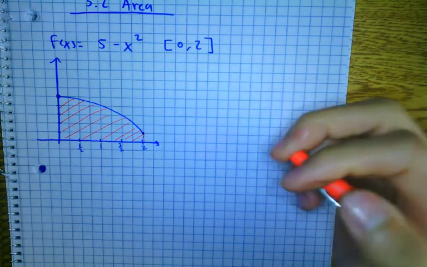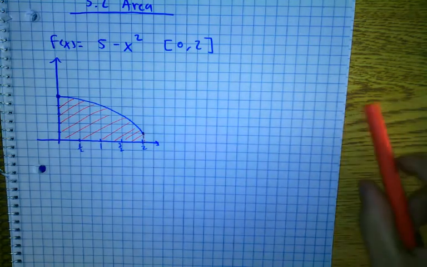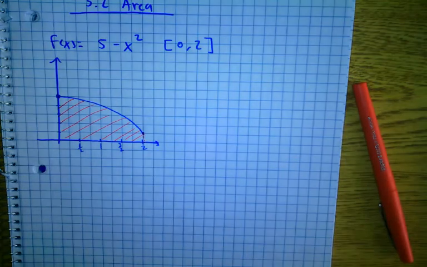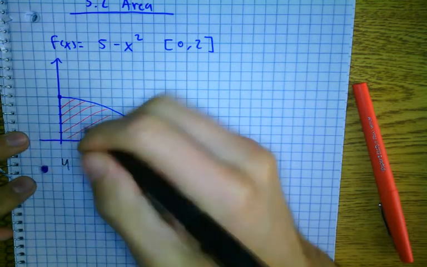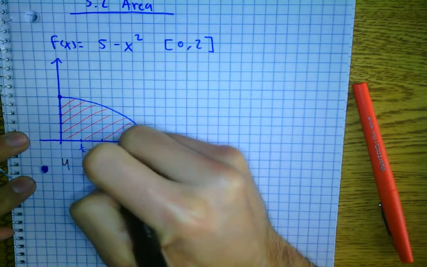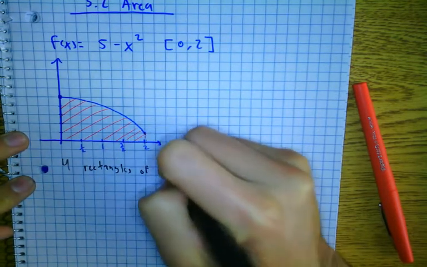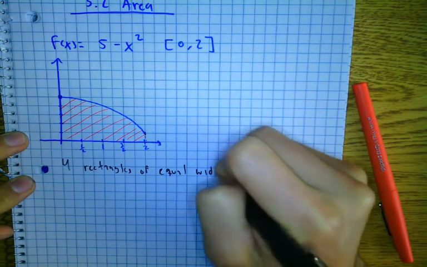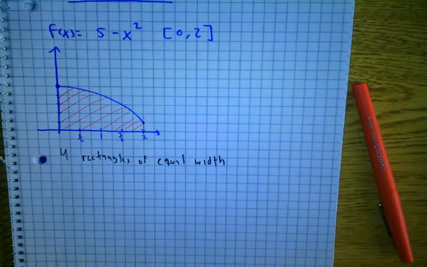To start this off, can you come up with 4 rectangles of equal width? So we're going to create 4 rectangles with equal width. If we're going from 0 to 2 and we're using 4 rectangles, what would that width have to be? 1 half. So all the rectangles would have to have a width of 1 half.